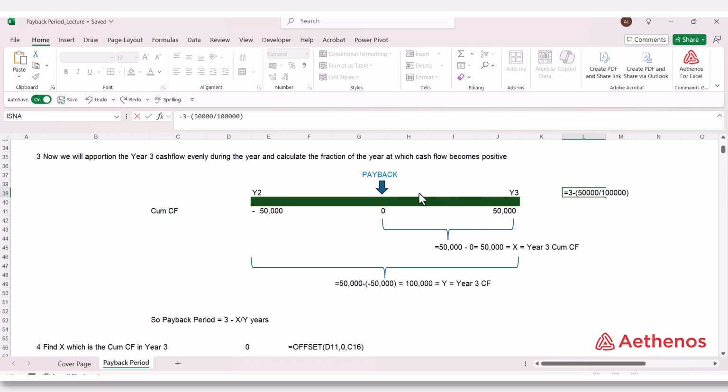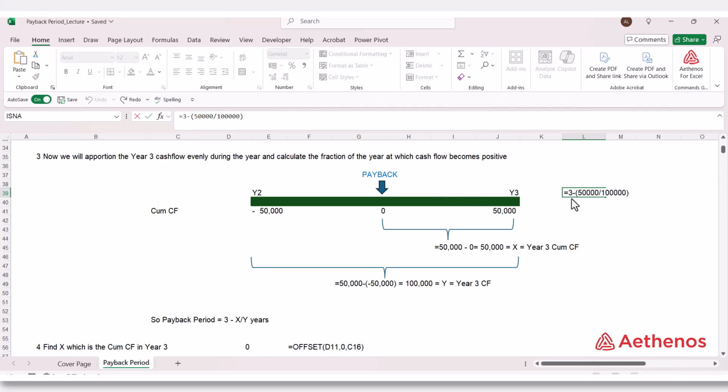So I'm reducing the period from this 0 point to the end of year 3 by taking 50,000 and dividing that by 100,000 to get the fraction of the year I need to reduce from 3 years. So from this calculation, I find the break-even point is 2.5 years. So that is the payback period of this project.